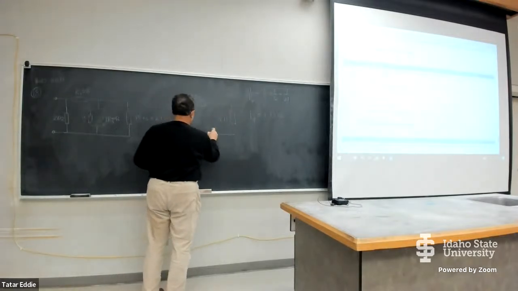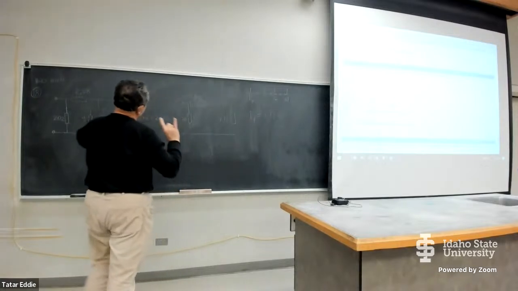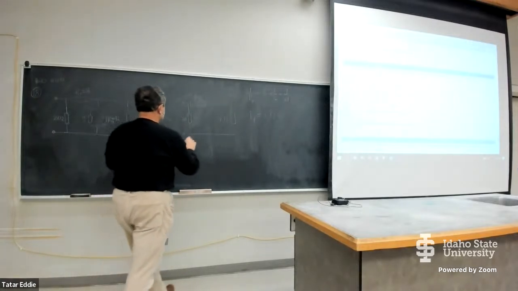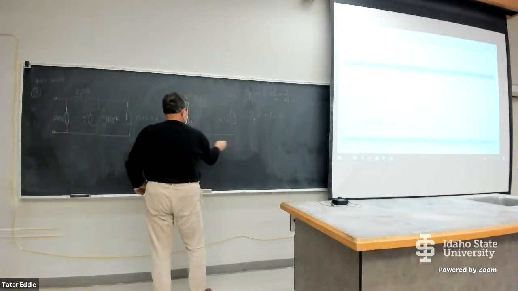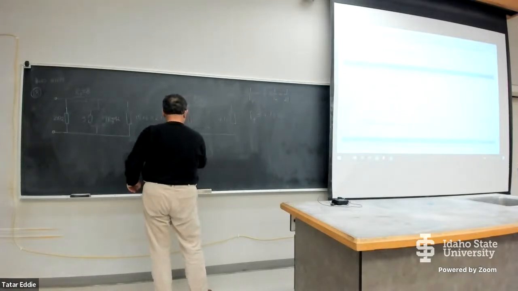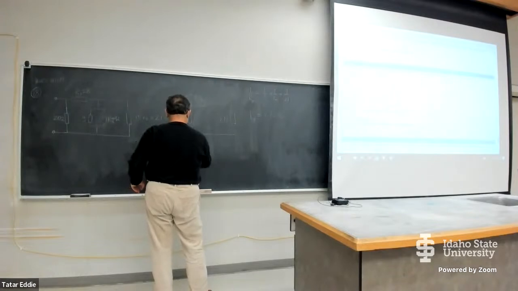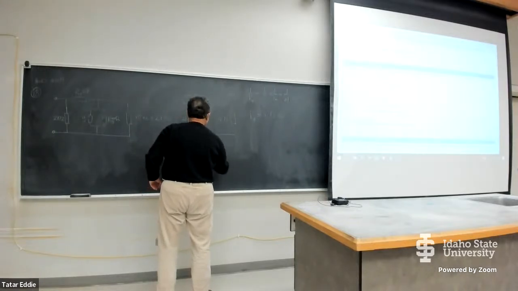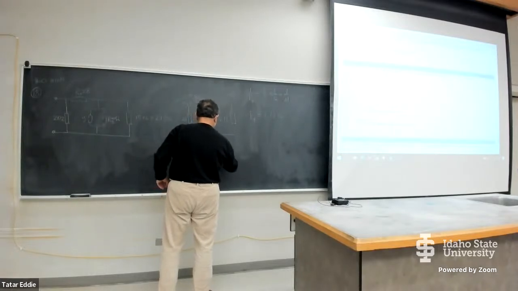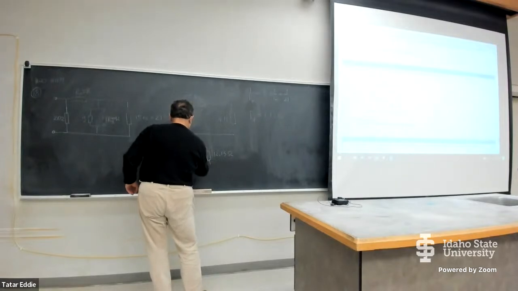So now careful. First, you have to combine those two. When you combine those two, you're going to get something that looks like this. Those two are going to give you a single resistor with resistance 12.13 ohms. And you have the 20 like this.